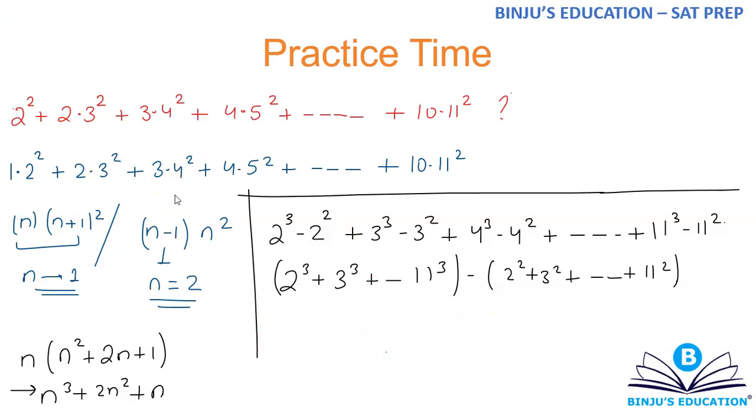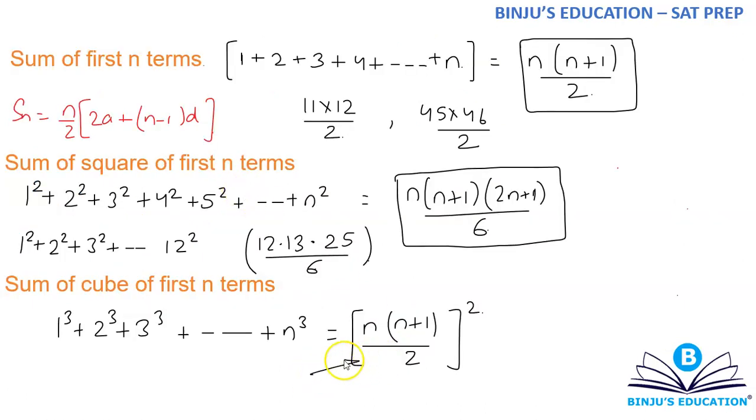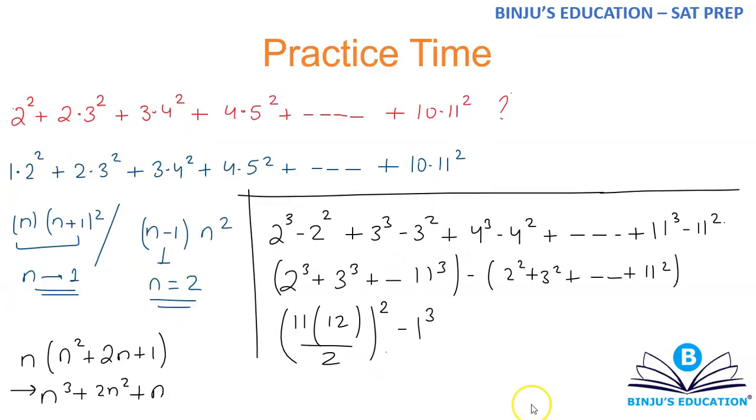The formula for the cube part is n into n plus 1 by 2 whole square. So that is 11 into 12 divided by 2 whole square minus 1 cube. This is for the cube. I have mistakenly used the formula for squares in the cube. I'm really sorry for that.